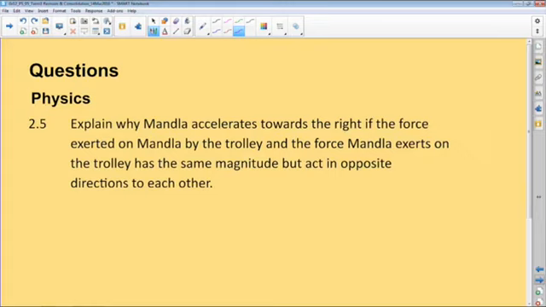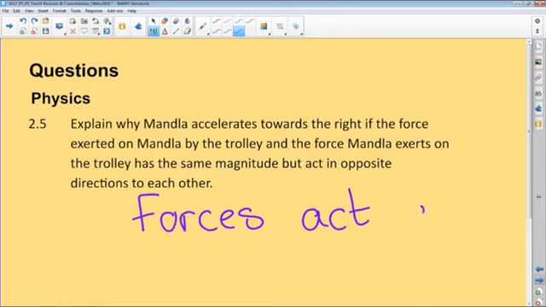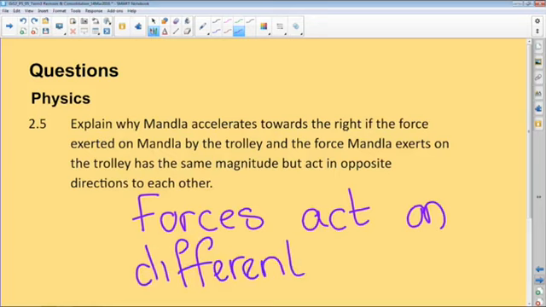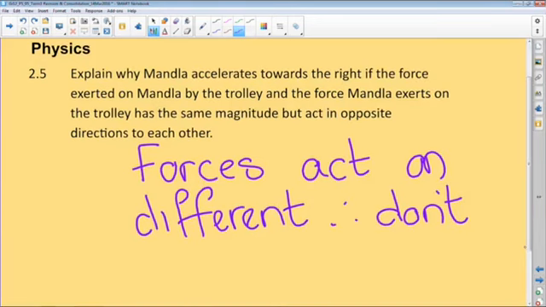The forces act on different objects. So because they're on different objects, they don't cancel out. That is so important here. They'll ask that often.